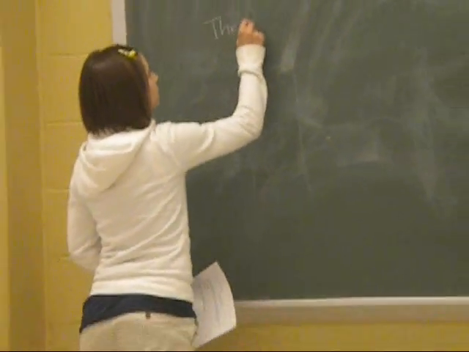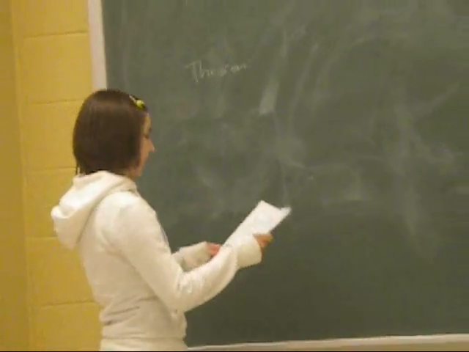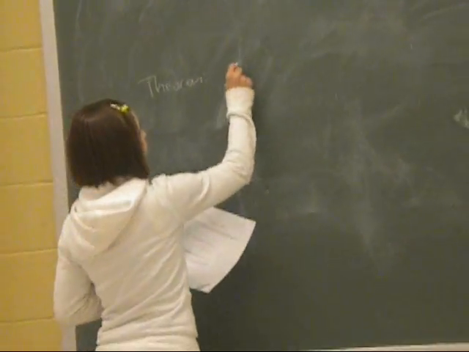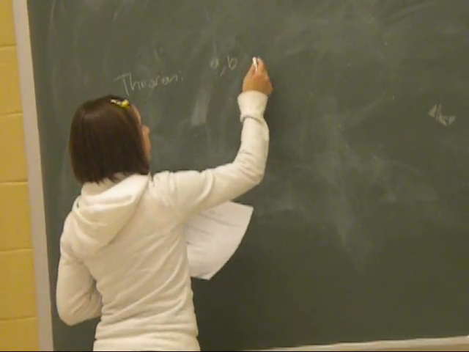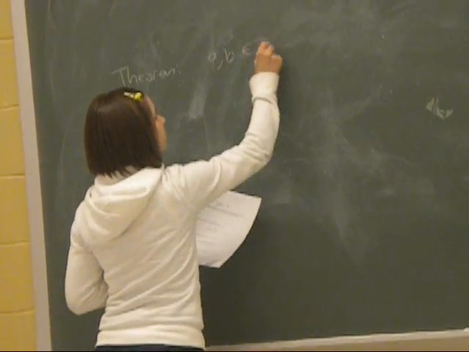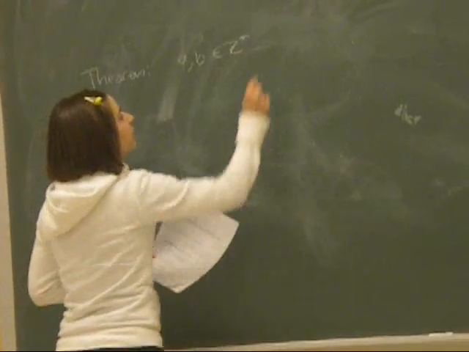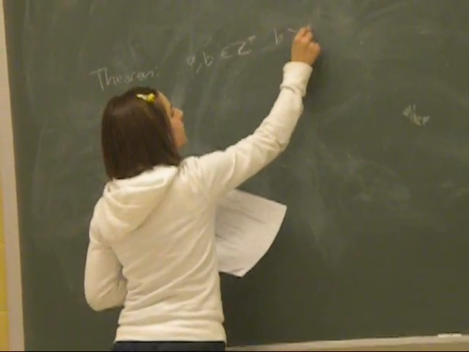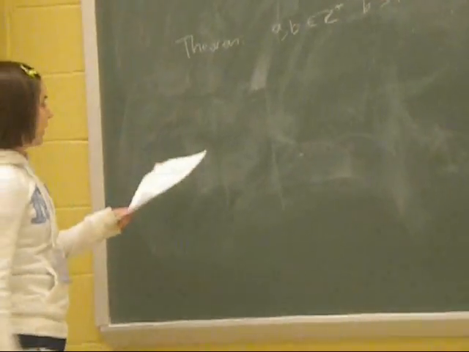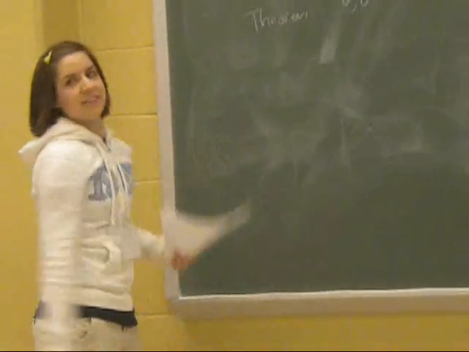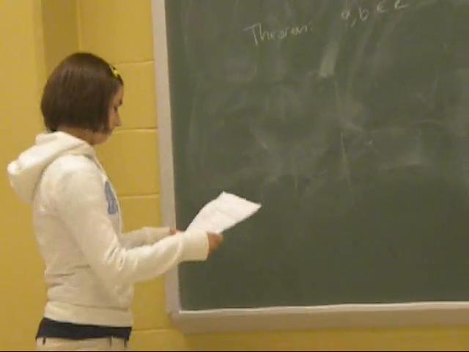So, I have a theorem. Come over here. Now this time we're going to have A and B, and we're going to have that the upper bound is 0, not good.